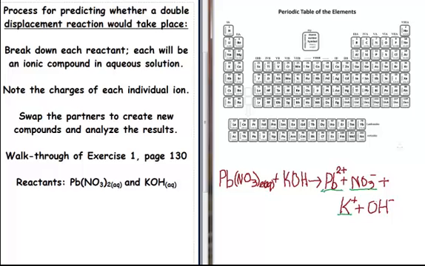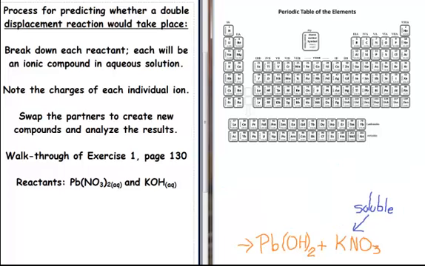Swap out those partners to create new compounds. So we'll put together the lead and the hydroxide, and the potassium and the nitrate. Once we've put together our new compounds, we need to analyze the results. The table tells us that any time we have a compound composed of nitrate and anything, it's soluble. So that tells us that potassium nitrate will be soluble.